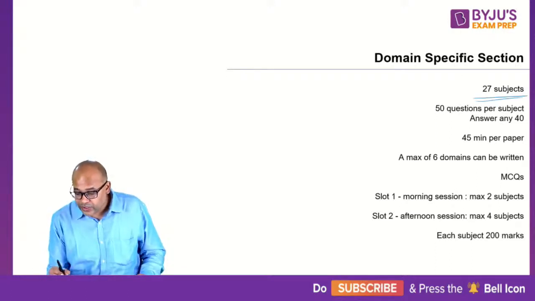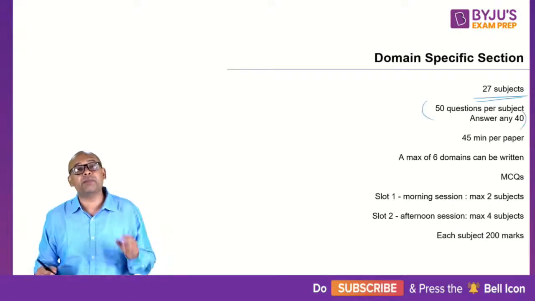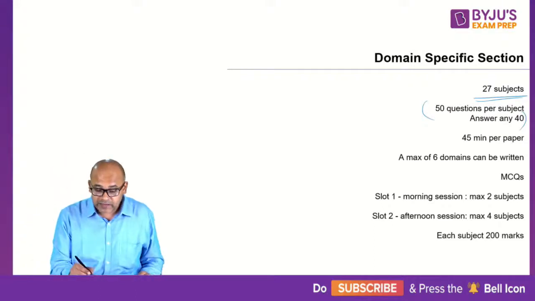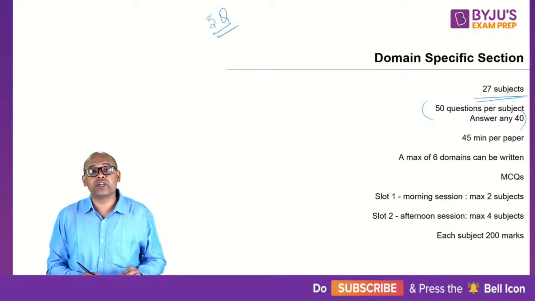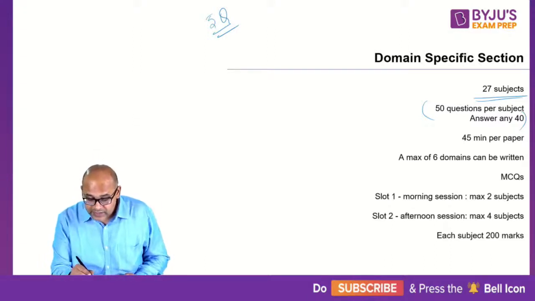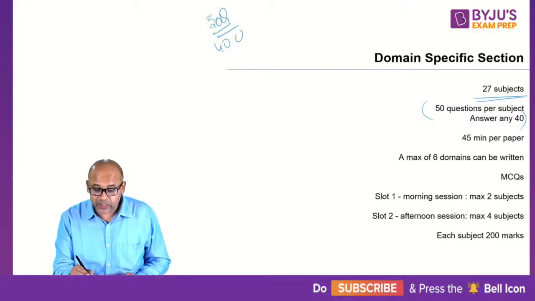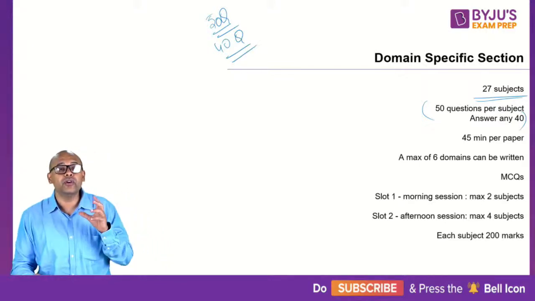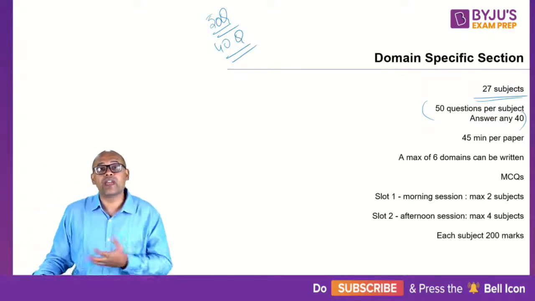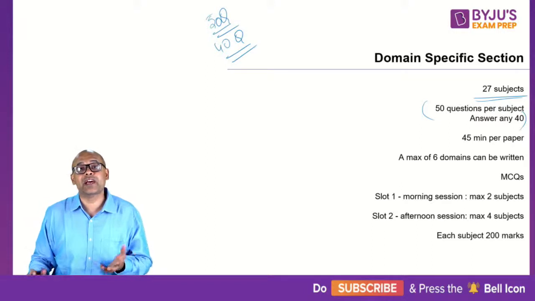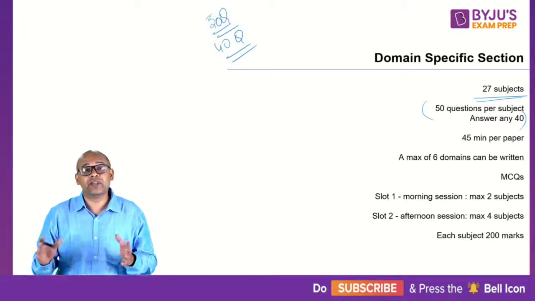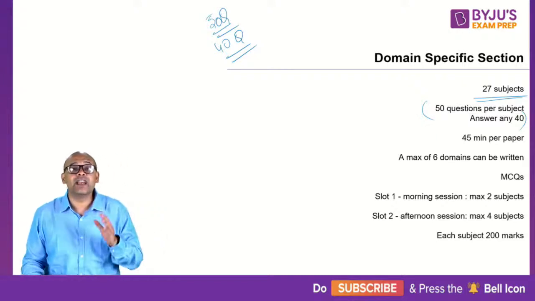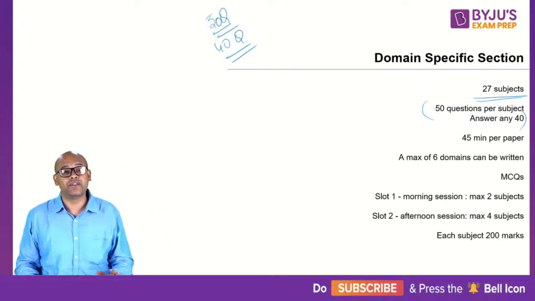Hi Jhansi. There are 27 subjects as I mentioned. Now 50 questions is the paper. Any paper you take out of these 27, they will be asking you 50 questions. Out of these 50 questions, you are supposed to answer any 40. Like your board exams of 12th class, answer any 3 out of 5 or any 5 out of 7, here it is answer any 40 out of 50.